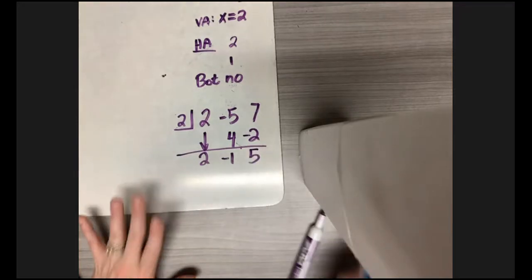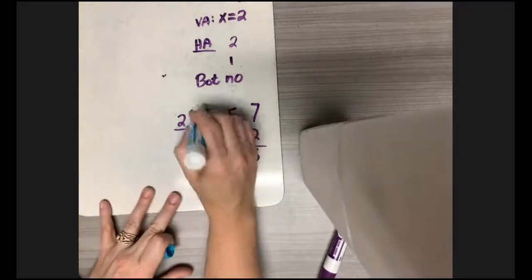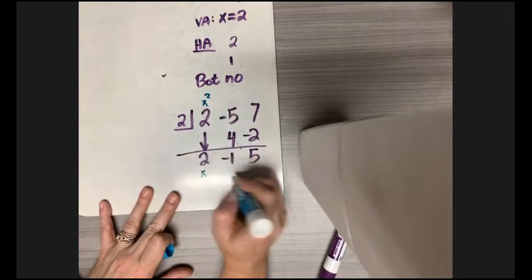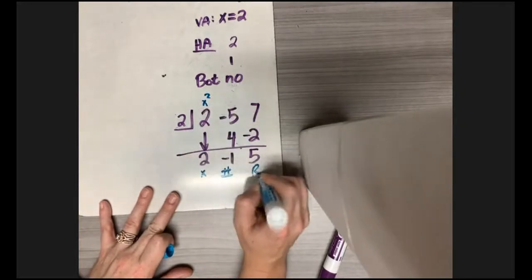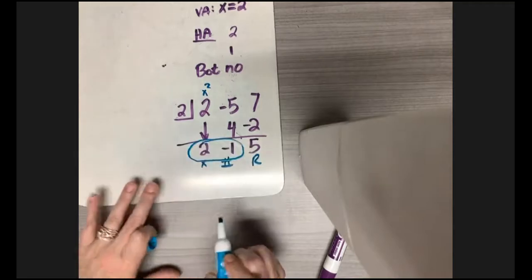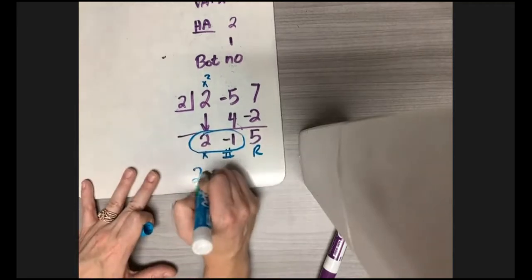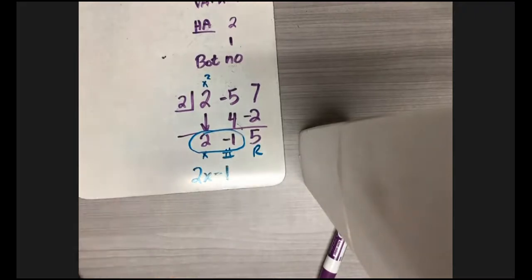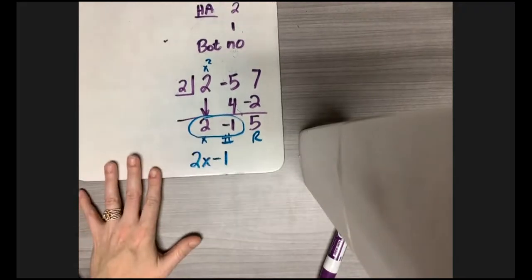Now, keeping in mind that this was x squared, this is x, and this is the number remainder. The only part of this that is an actual line is the quotient. So our equation is going to be 2x minus 1. That's going to be the equation for our line.